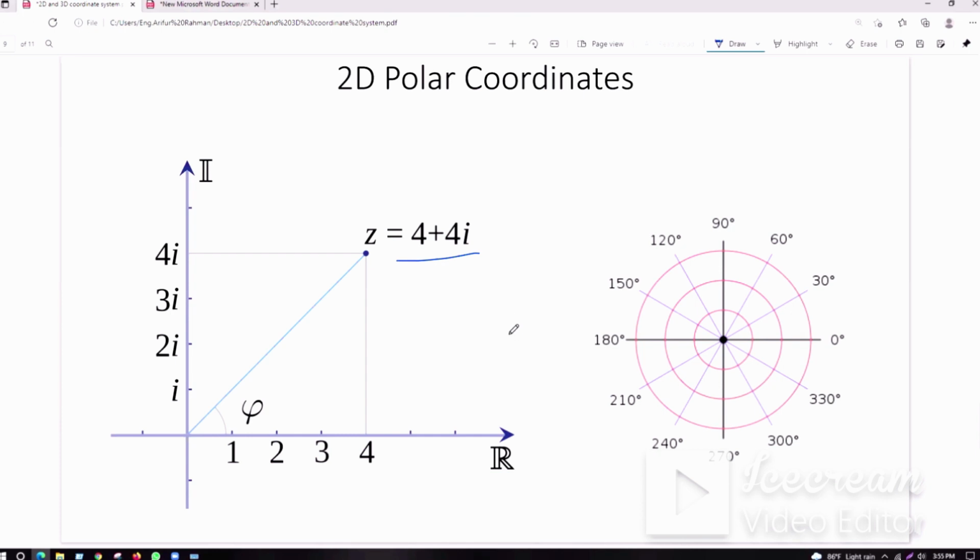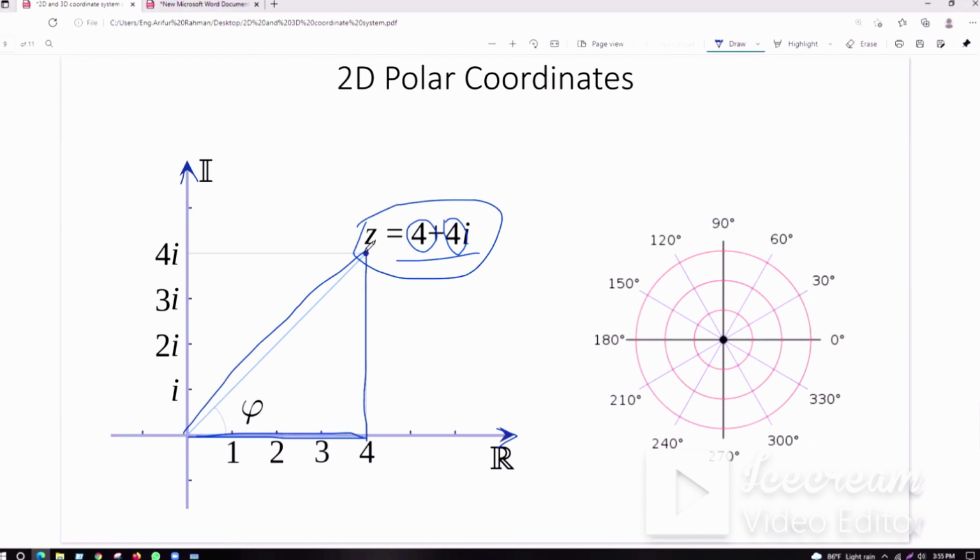So for example, we have a complex number 4 plus 4i. That means 4 is the real part here, and this 4 is the imaginary part here. As you know, this is the real axis and this is the imaginary axis. So this length is 4 and this length is 4.